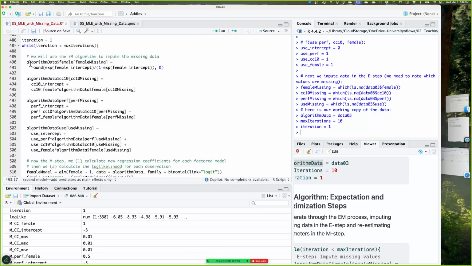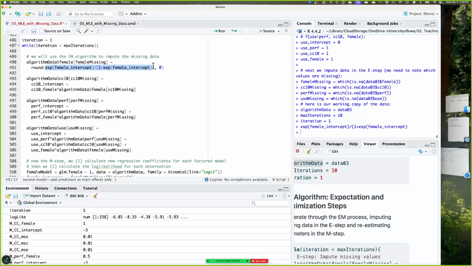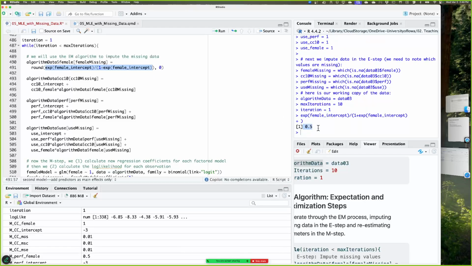So, here, if we want to think about what a piece of missing data should be, in the logistic regression, the probability of someone being a female is set to 0.05 when the intercept is 0. So what I'm going to do is, for everybody missing on female, I'm going to just round that 0.05 to a 1. That's our expected value sort of pushed onto the space of where it needs to be.